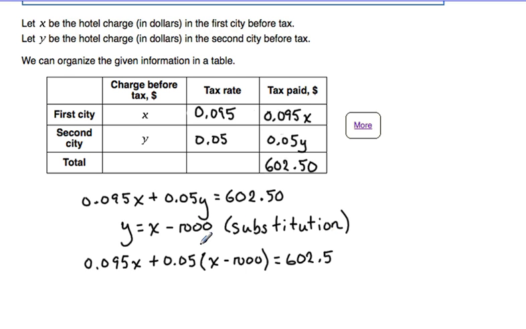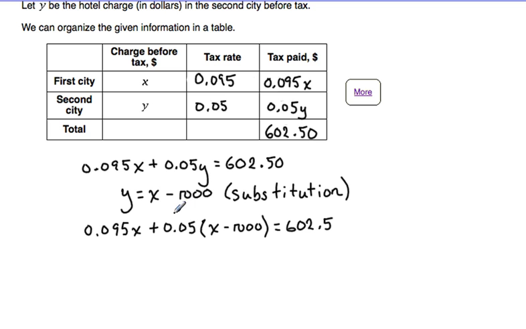All right, our next step will be to distribute the 0.05 to the x and the negative 1,000. So let's write 0.095x plus 0.05 times x, which is simply 0.05x. 0.05 times negative 1,000 is negative 50.